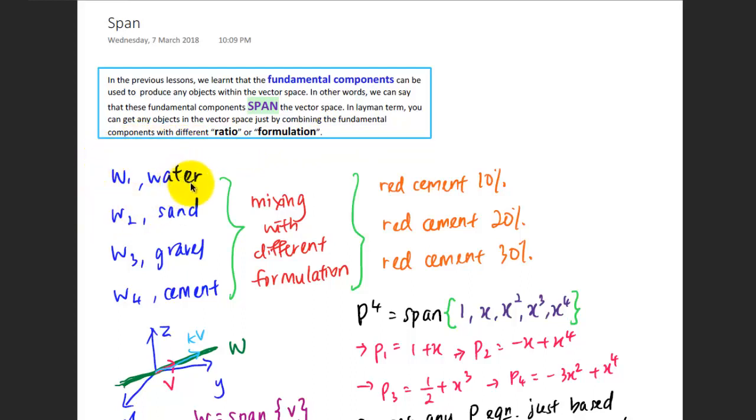In the previous video, I showed you that you can get any members of red concrete cement at 10%, 20% or 30% just by mixing the four fundamental components: water, sand, gravel, and cement at different formulations.